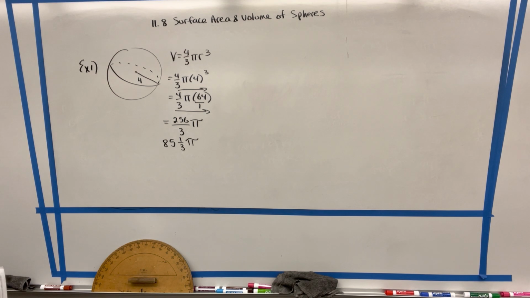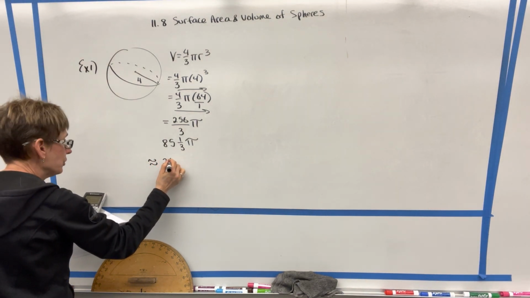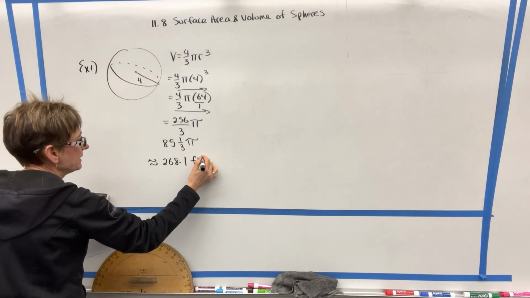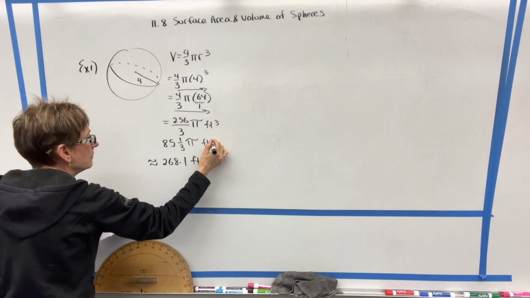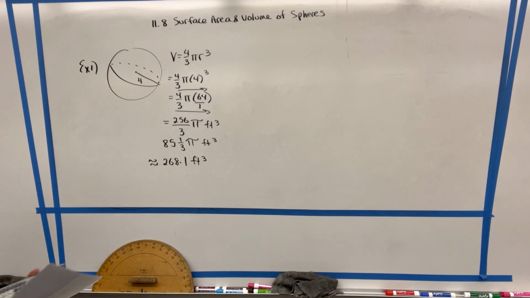Now, if I take 256 divided by 3 and then multiply it by pi, I could also write this as about 268.1, and let's just call this, say, feet cubed. So that is basically how you would go about doing the volume of a sphere.